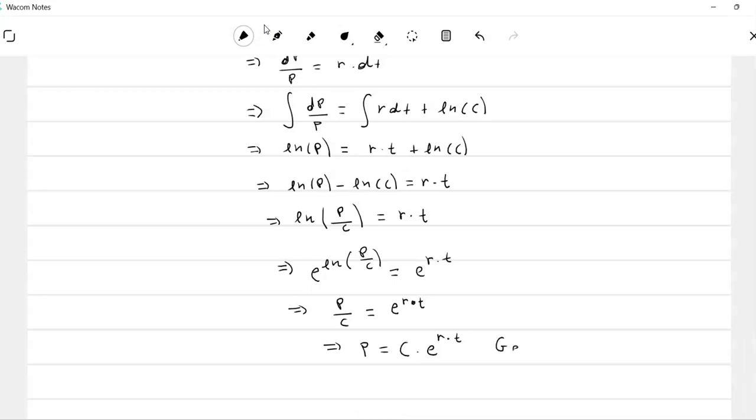So this is my general solution, where c is a real coefficient and can be specified from the initial condition.